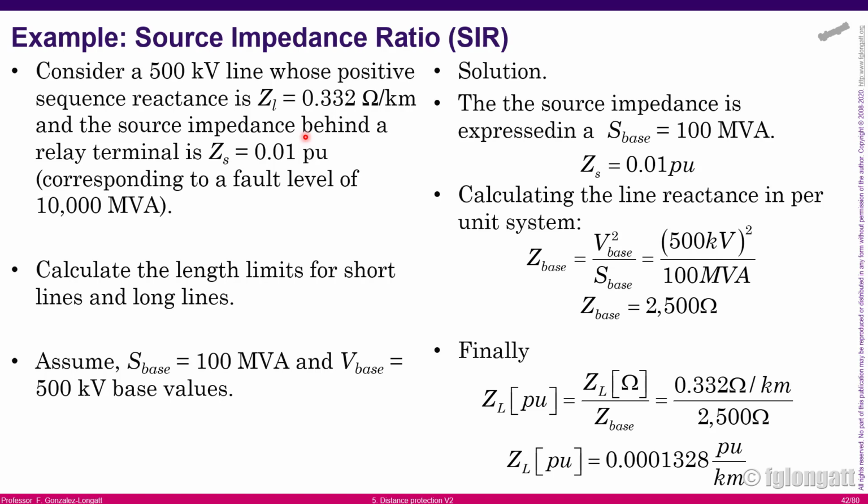Now, the question is, what is the length limit for short lines and long lines? We want to run all the calculations in the per unit system using 100 MVA as the power base, and the voltage base is 500 kilovolts.